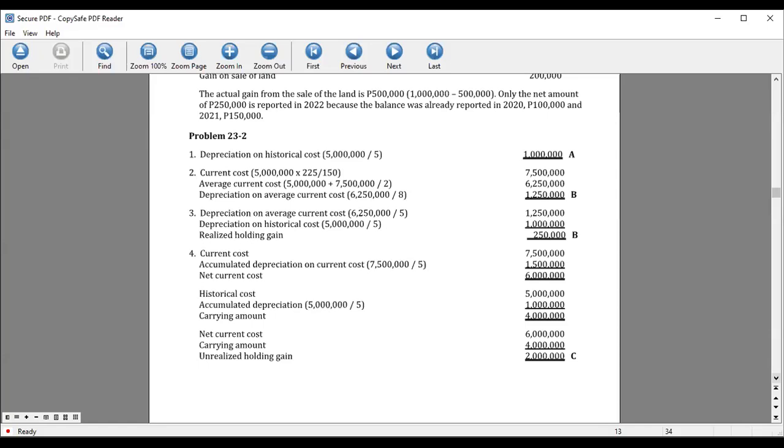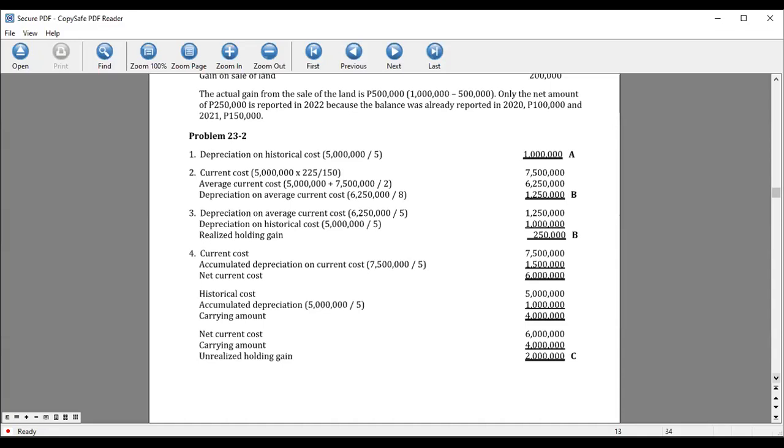Number two, what amount of depreciation should be reported in the current cost income statement for 2020? Now, if we have the current cost of 5 million and we multiply it by 225, that's the price index on December 31, 2020, over 150 on January 1, 2020, the current cost is 7.5 million.